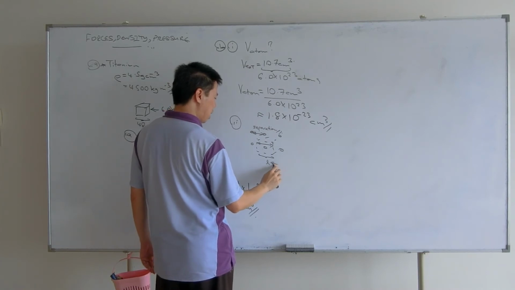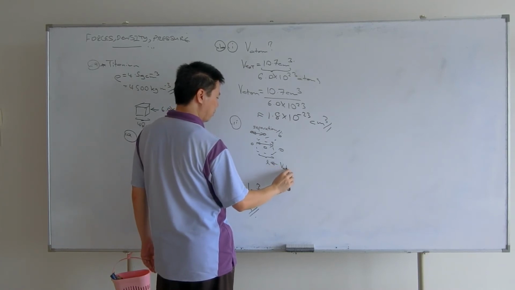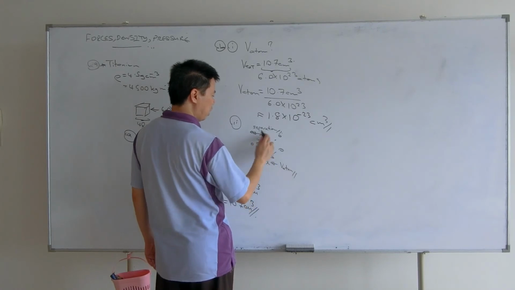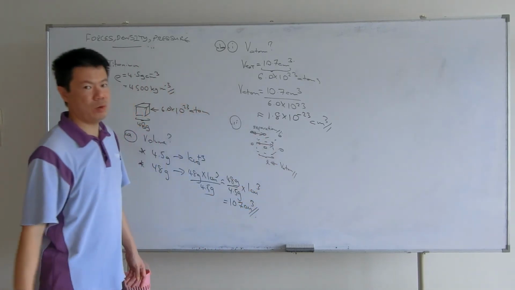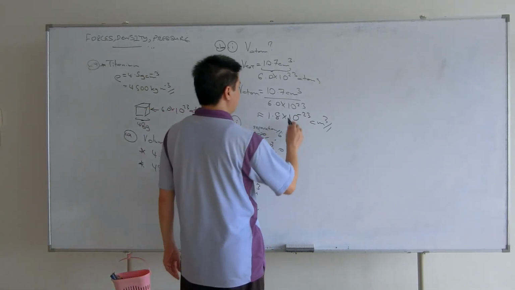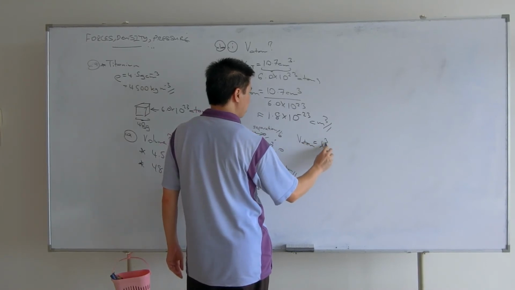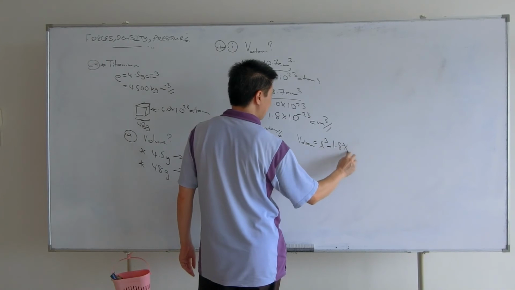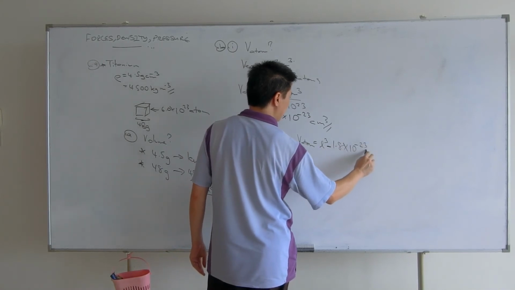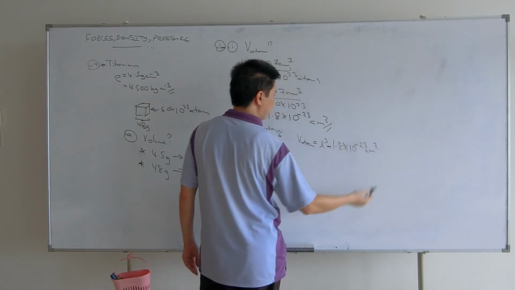If you take it as a cube, it means V atom is equal to L cube, equal to 1.8 times 10 to the minus 23 centimeter cube.